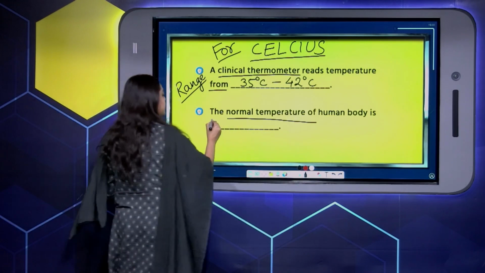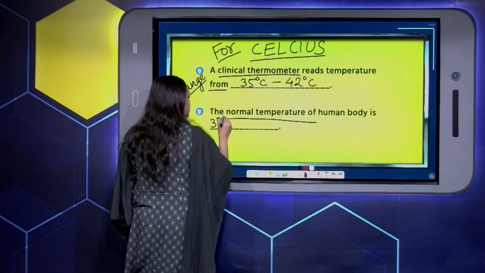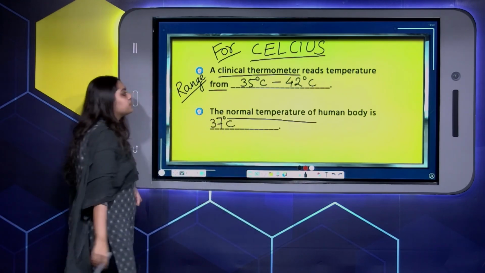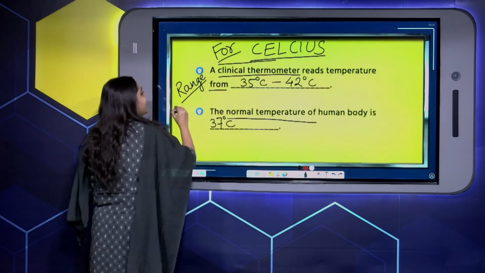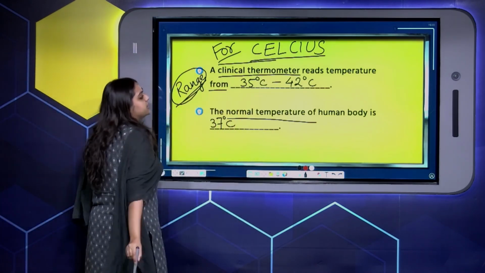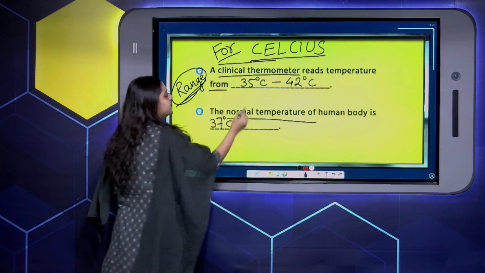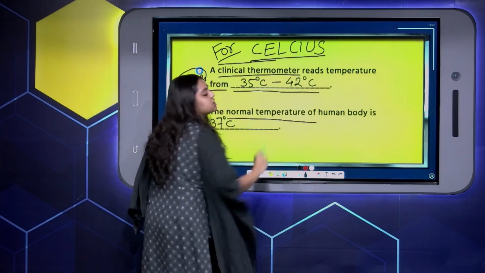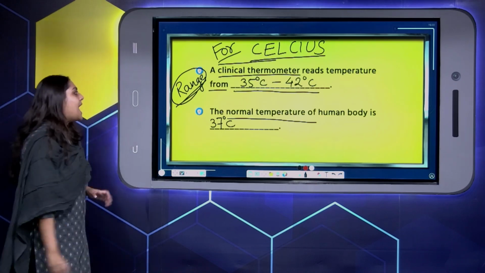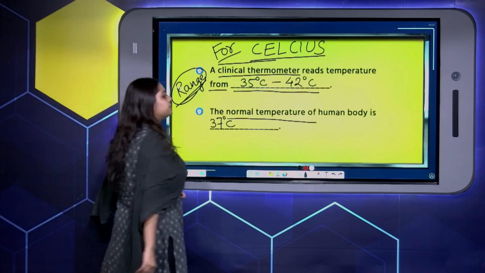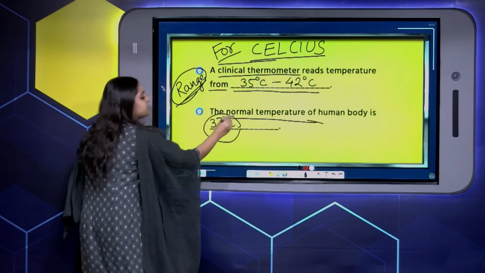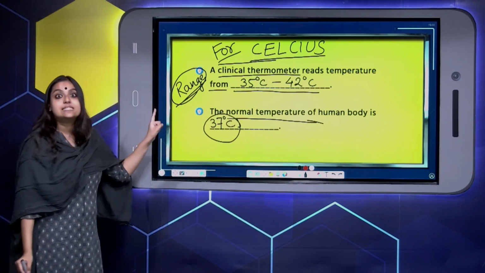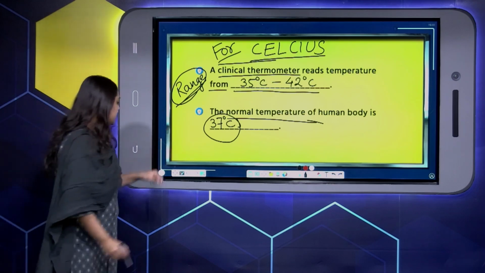It is 37 degrees Celsius. So, for Celsius scale, the range of temperature in a clinical thermometer is from 35 to 42 degrees Celsius, and the normal temperature of body is 37 degrees Celsius.